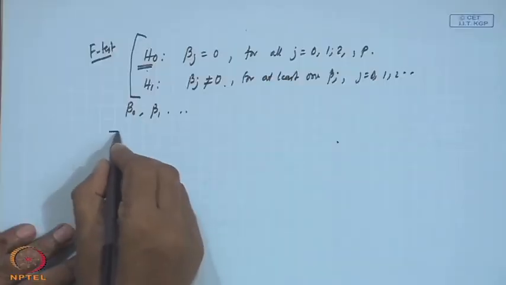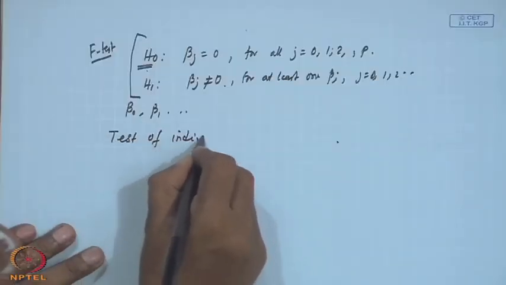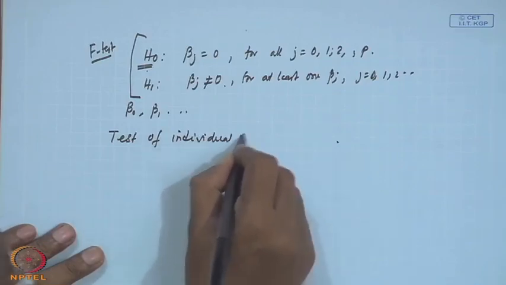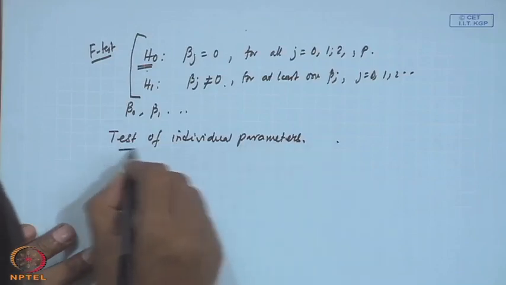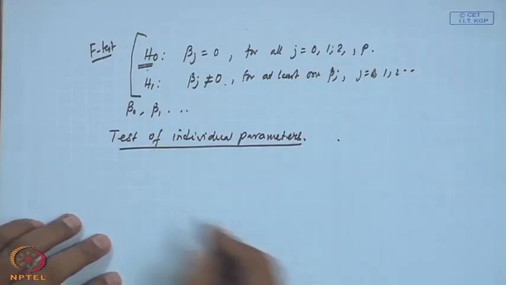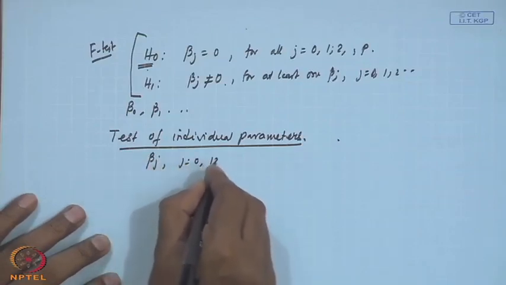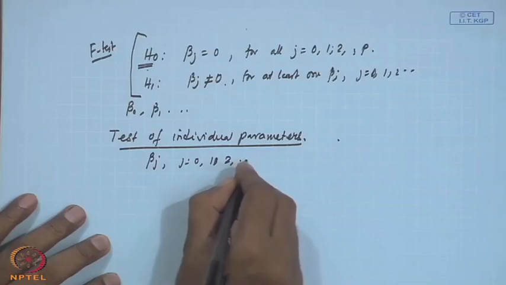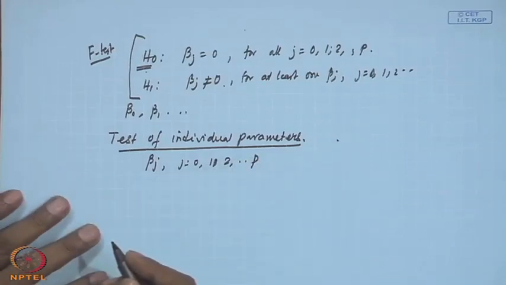So, then the next topic is test of individual parameters. Individual parameters mean beta j, j from 1 to p.